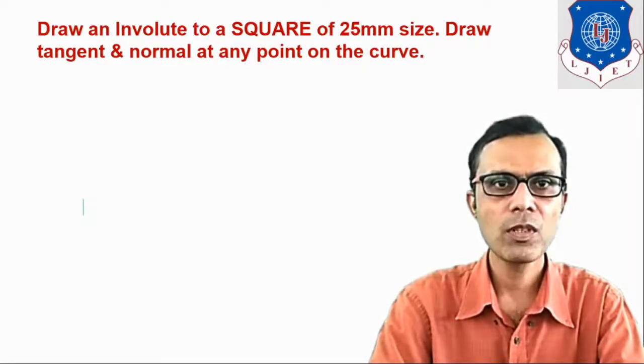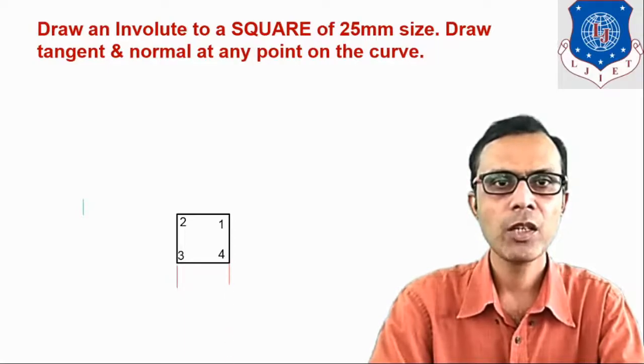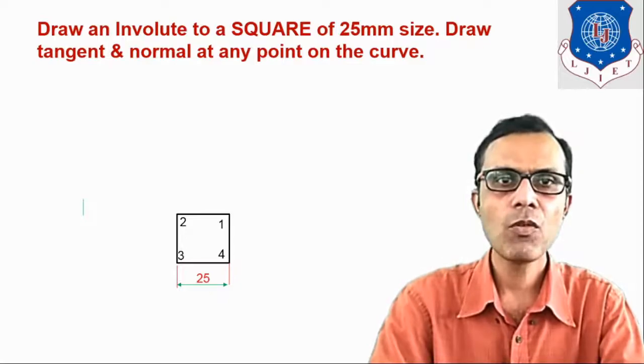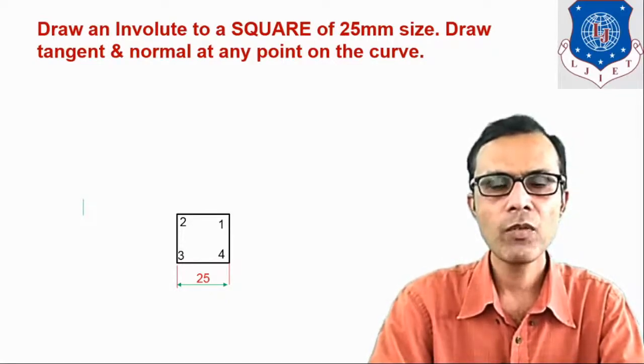So here the given polygon is a square. First of all we have to draw a square of size 25 mm. Write down the corner points 1, 2, 3 and 4, and write down the dimension of the square, 25 mm. Now if we want to wound a string on this square, what will be the length of the string?